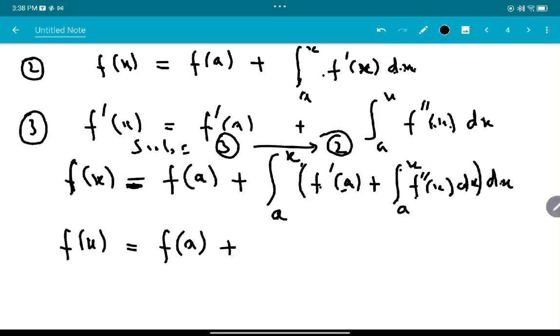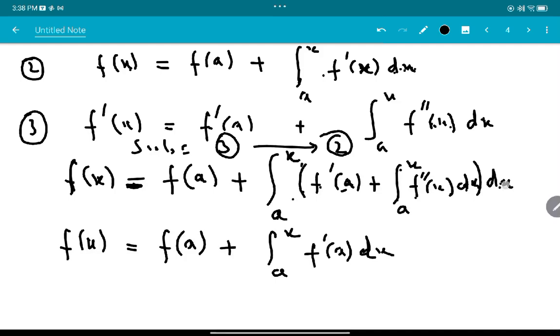So it's a constant, you can take it out: f dash a times the integral. What is left here in its place? This dx. Or in an easier way, we can write it simply as integral a to x, then f dash a. Then look at these parentheses. What you have outside is dx. So I will write here dx.